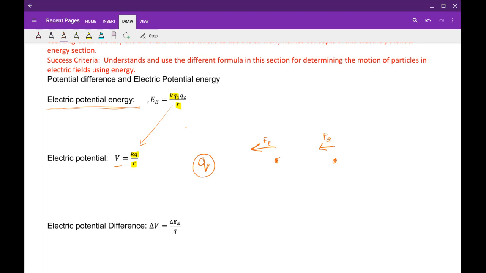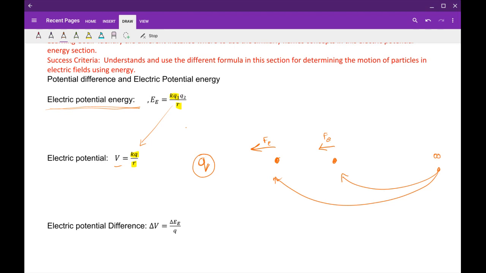If I've got two points in space, I've got two different energy values required to move to this location from infinitely far away. Okay, and that's the definition of the electric potential.